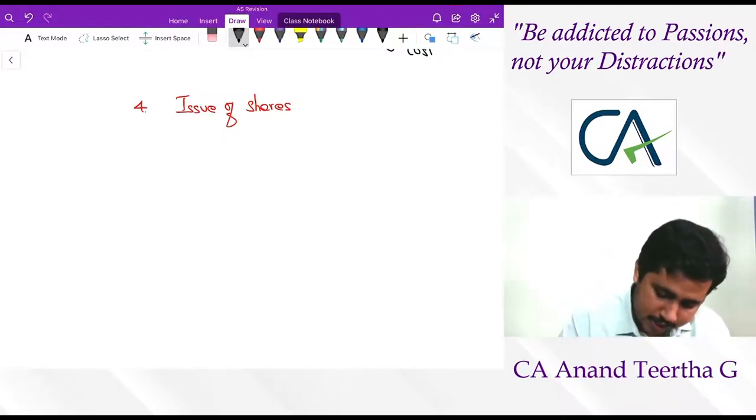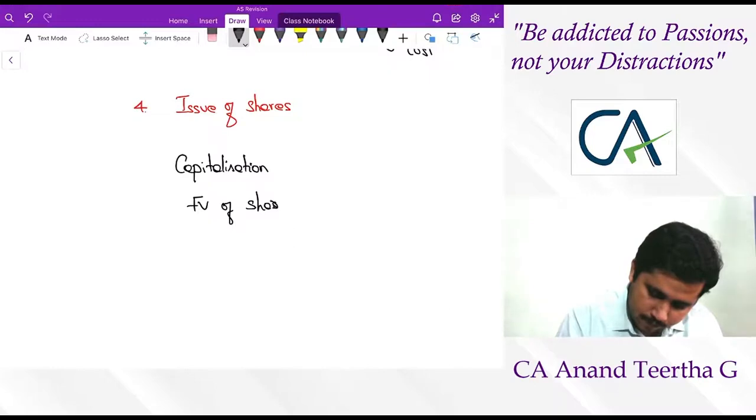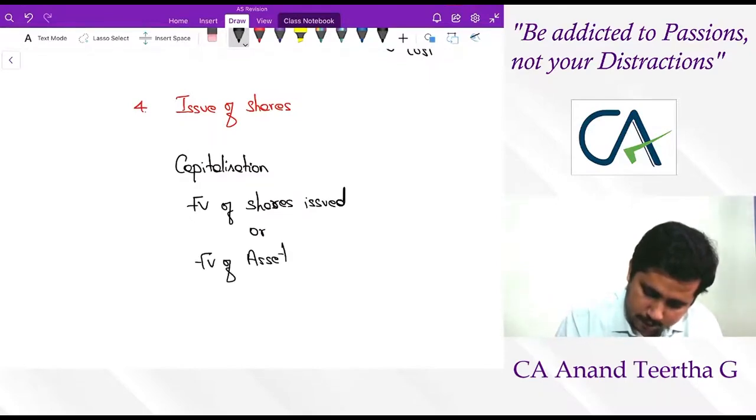Now, for that we say capitalization is done at fair value of shares issued or fair value of asset acquired, whichever is more clearly evident.